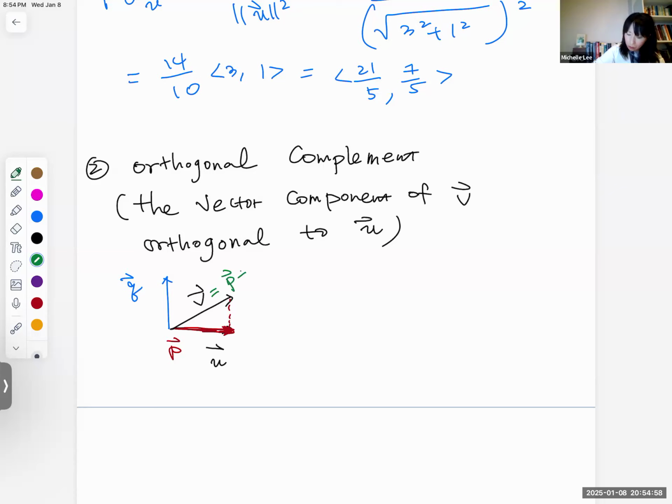Make sense? We learned this on the first day. This is the diagonal method, I mean the parallelogram. So like this, parallelogram. A little bit ugly.